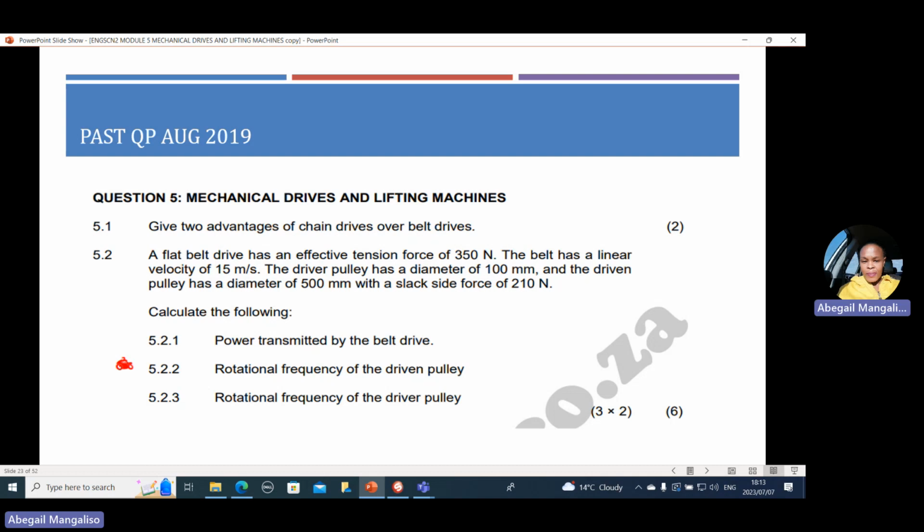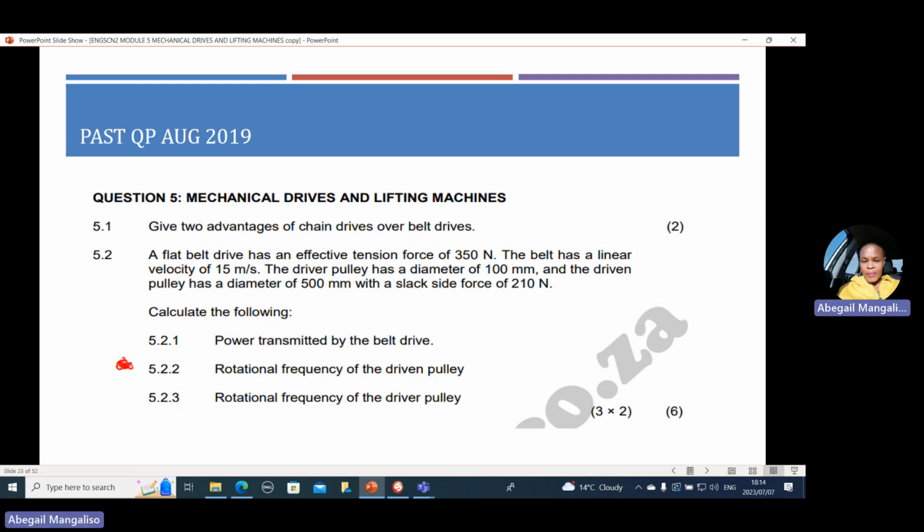The belt has a linear velocity. So the velocity, which is V, is given as 15 meters per second. The driver pulley has a diameter of 100 millimeters. So for a driver, we can use dA since the formulas will have dA and the driven will be dB.